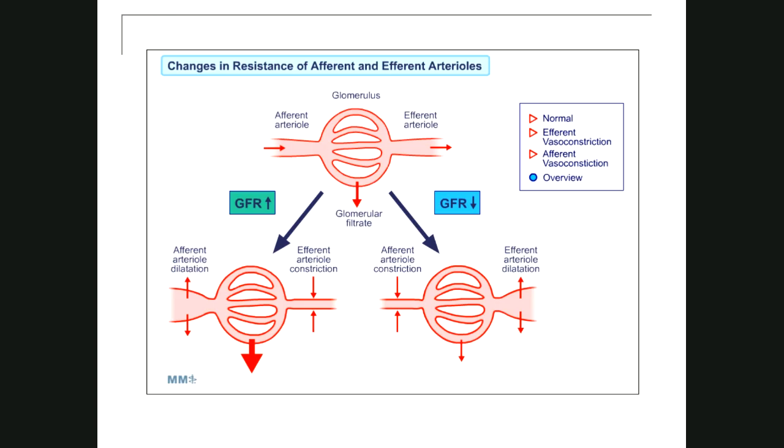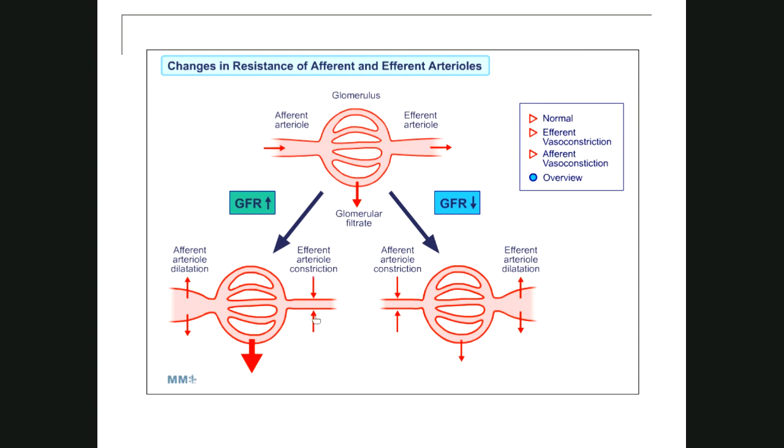If you look at this picture, you can see the afferent arteriole, the glomerulus in the center, and the efferent arteriole on the other side. And filtration takes place in the glomerulus. Now look at the picture on the left side. In this picture, you see that the afferent arteriole dilates, and we have constriction of the efferent arteriole.